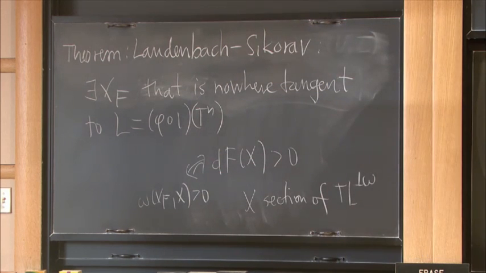That means that the vector field is not tangent to L, because if it was, then this symplectic pairing would have to be 0 somewhere. But yeah, most of the proof doesn't use symplectic geometry. Just in the end, you use that simple fact. All right.